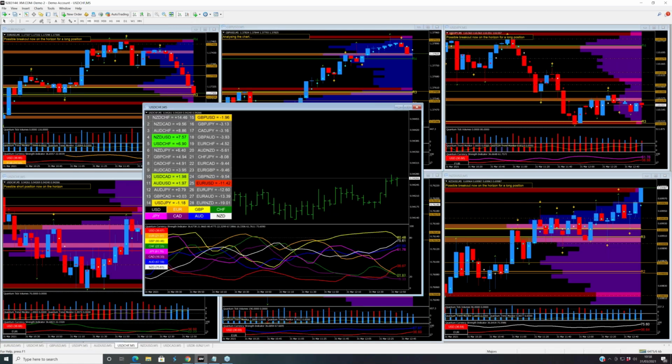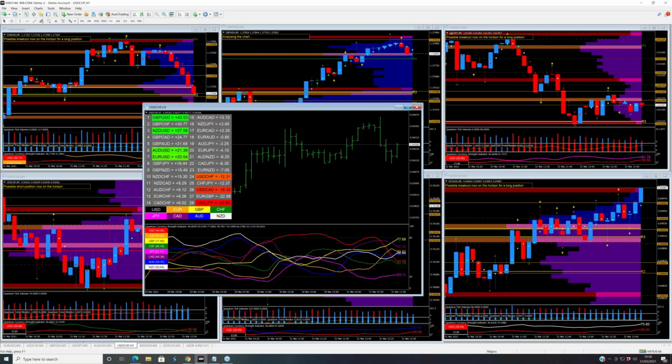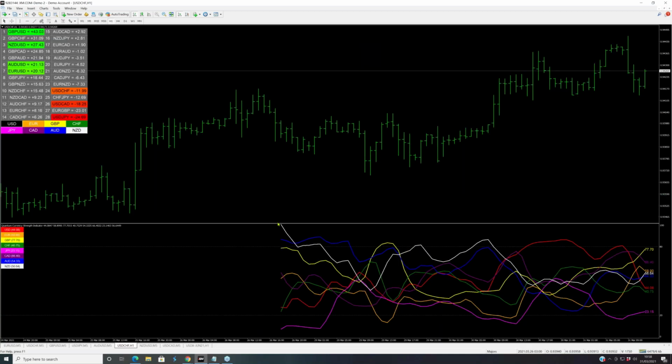Not only does it tell us where the flows have been the strongest, all that tells us, on the hourly chart, is there has been selling of the US dollar. And what we have to try and establish is which of the majors is going to offer the best trading opportunity.